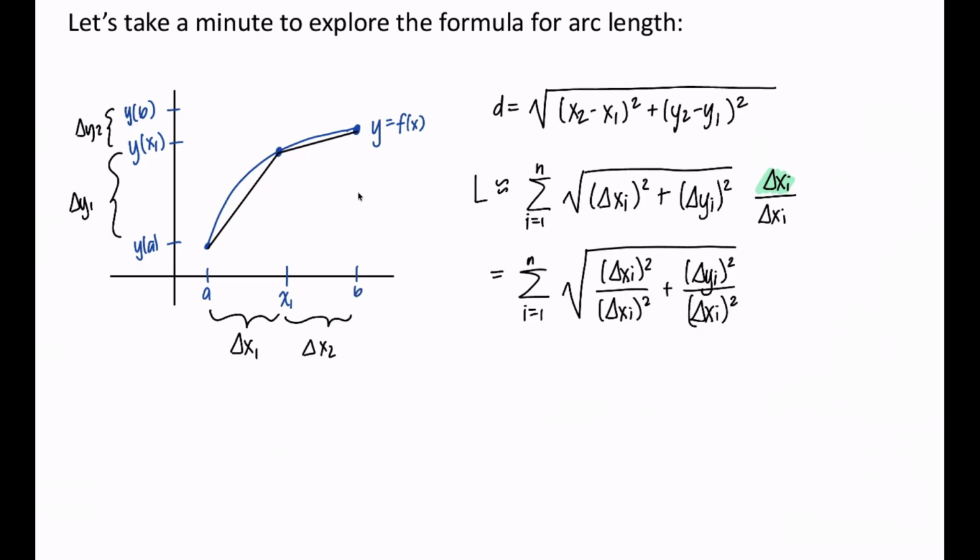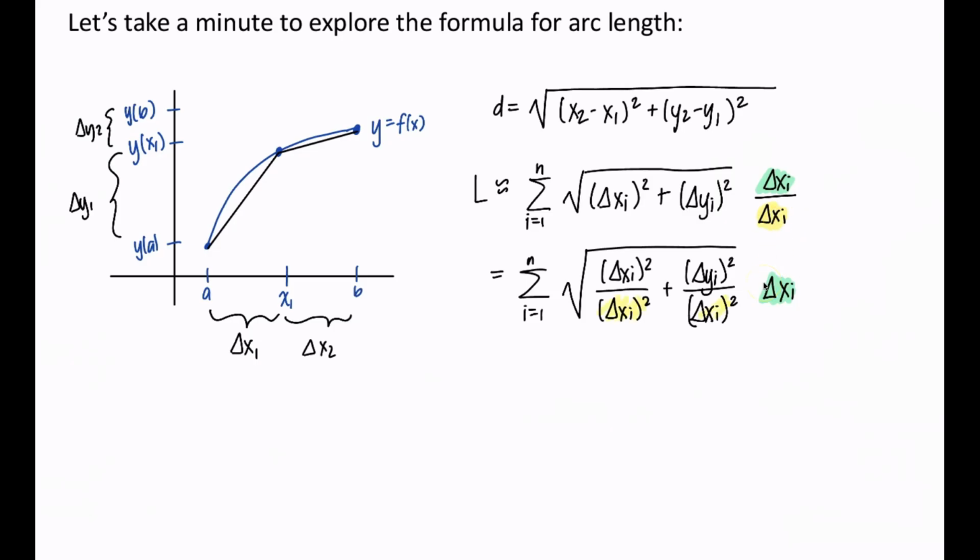And now I have the delta x sub i left on the outside. The delta x sub i in the numerator, I left there, but I brought the delta x sub i into the radical, and then I would have to square it because I'm taking the square root, and the square root squared gives me just the original.